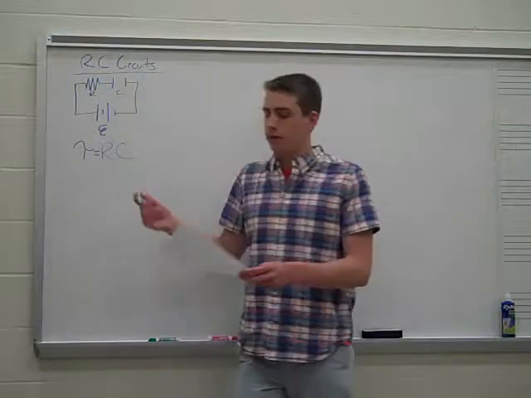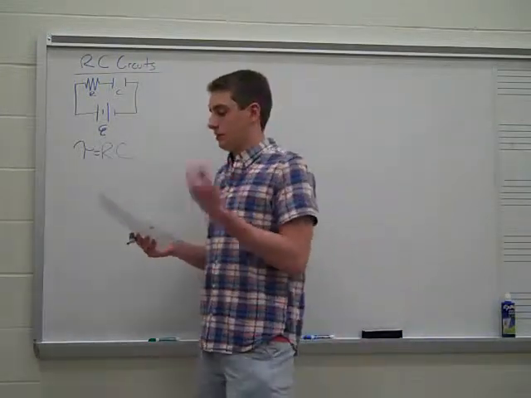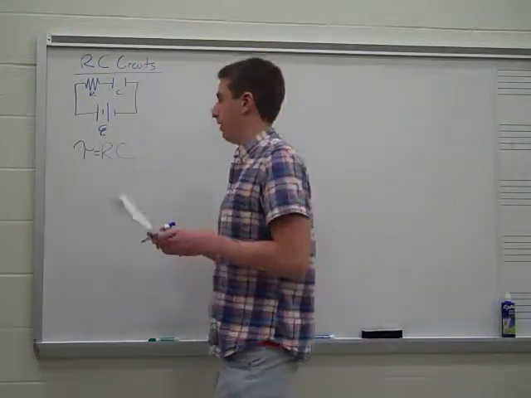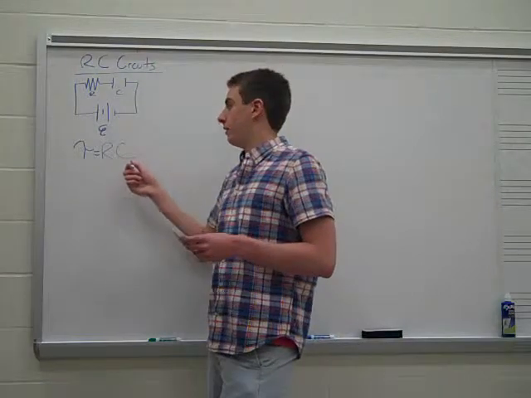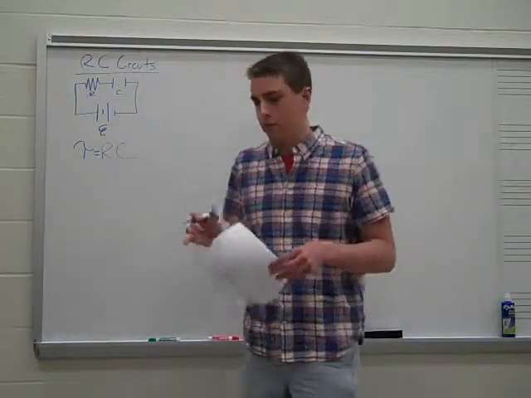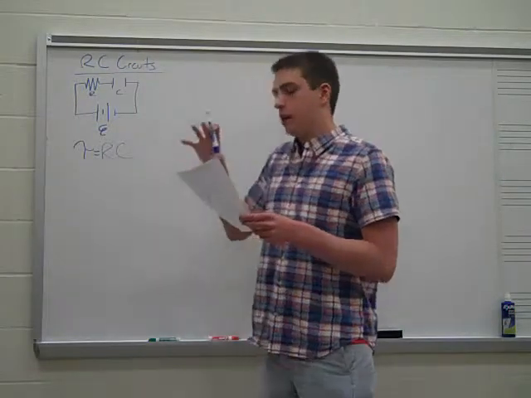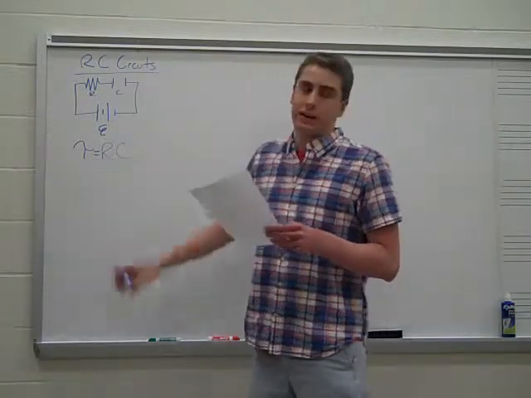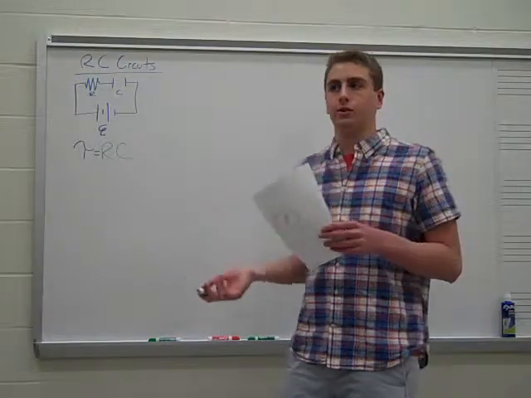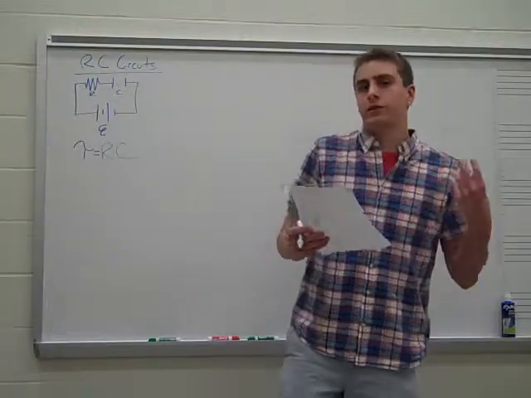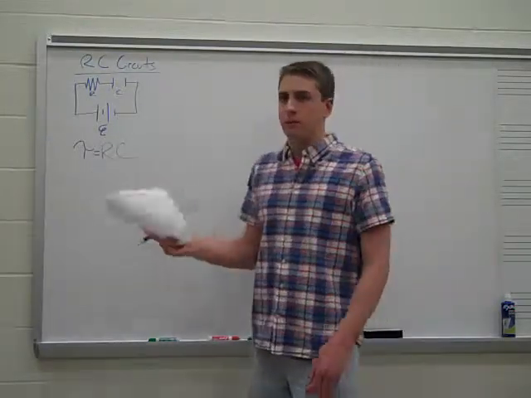And it just equals RC. If you were to actually put the basic units in for resistance and capacitance, which I'm not going to do, you'd end up with this equaling seconds. And I'll show you a little bit later what exactly that time constant comes in handy for.